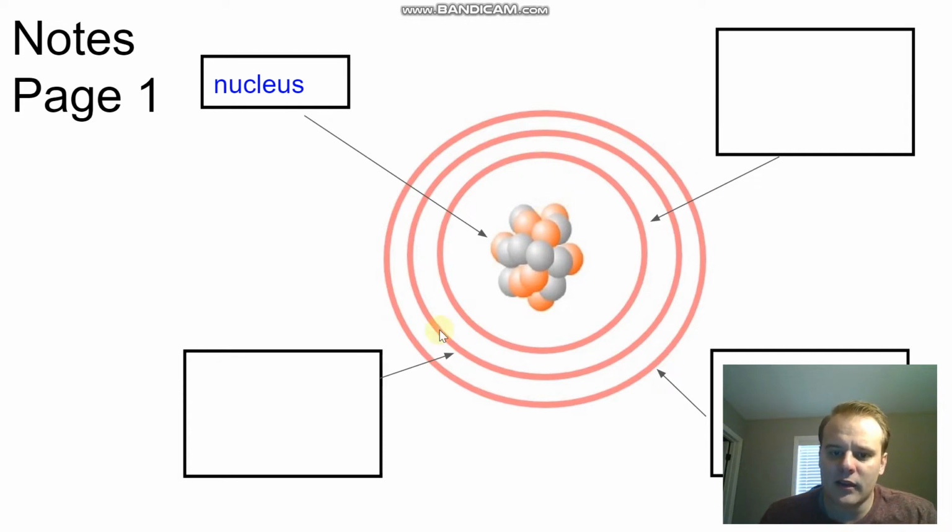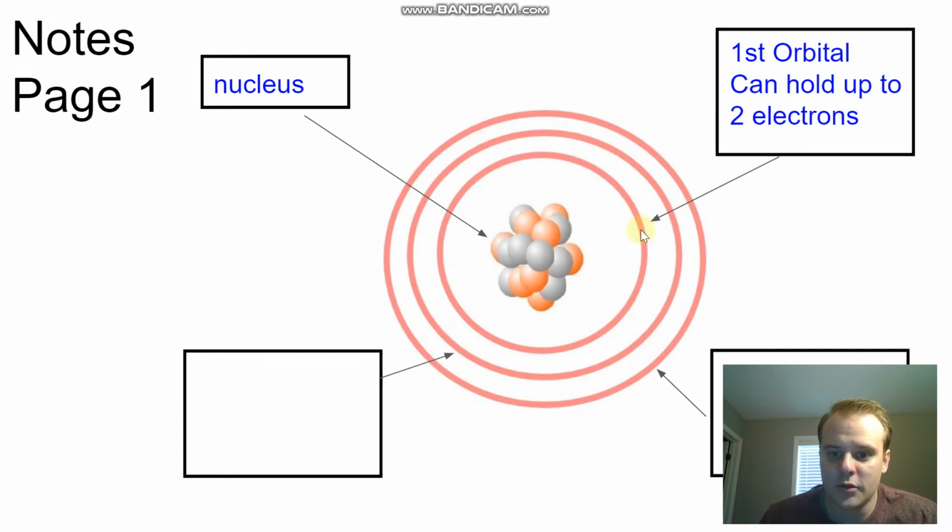And then remember that these rings around the outside of the nucleus are called orbitals. The innermost ring is called the first orbital, and it can hold up to 2 electrons. So it can hold 0, 1, or 2 electrons. Okay?